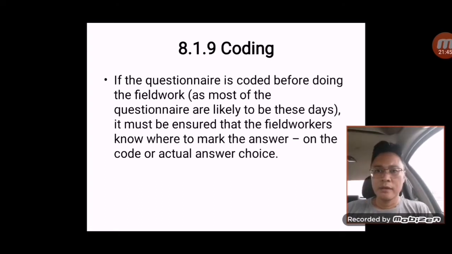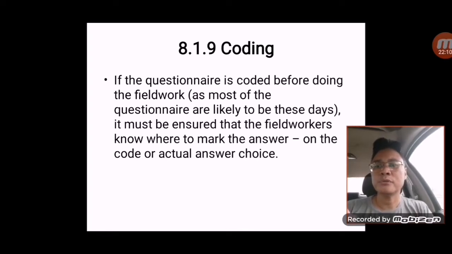Senang. Alright, okay, coding ni memang kena ada lah, sebab kalau tak ada coding memang payah. Tapi biasanya senang sangat. Coding ni kalau 1 itu yes, 0 itu no. 1 adalah male, 2 adalah female. Dia macam tu. So you might need to code your questionnaire by numbering them.